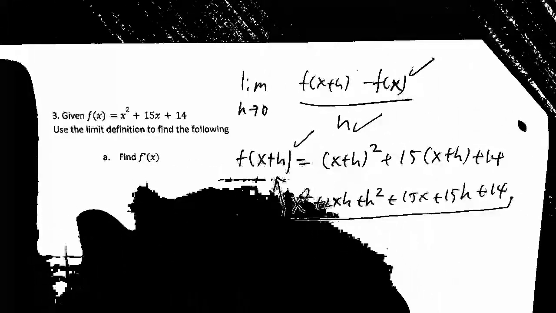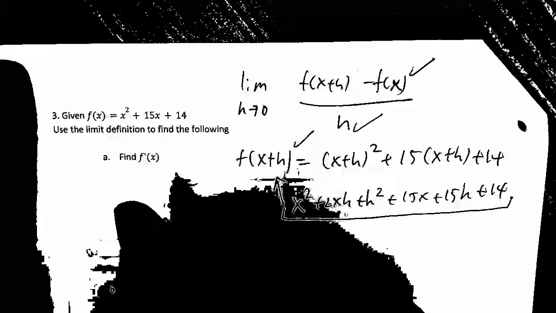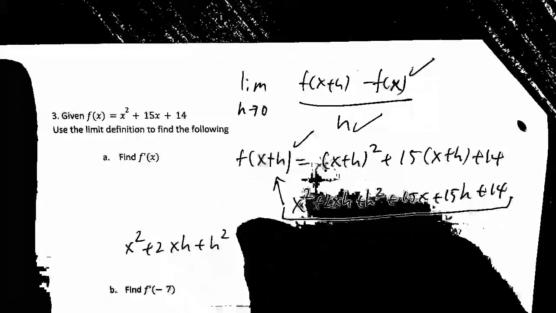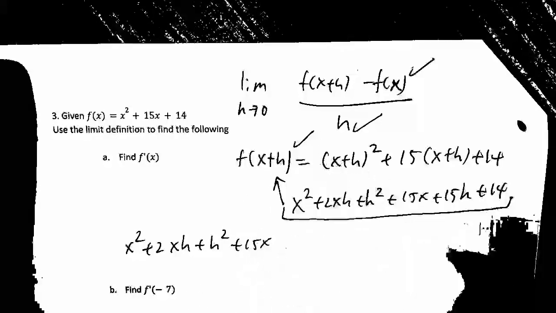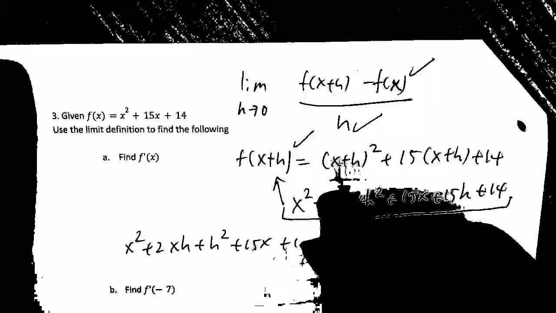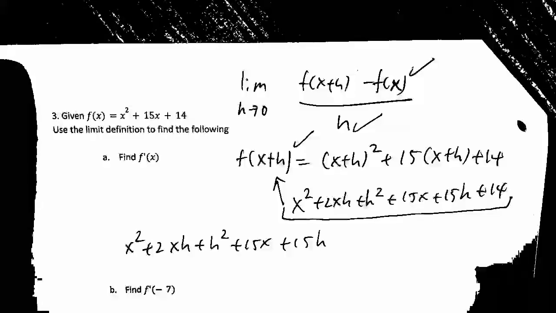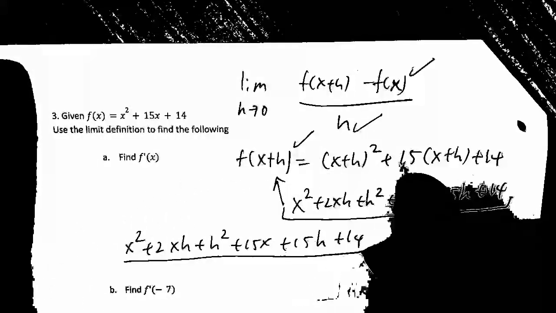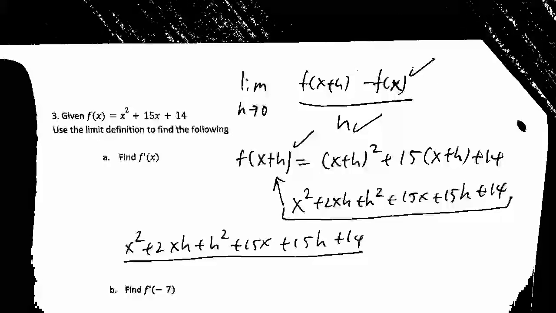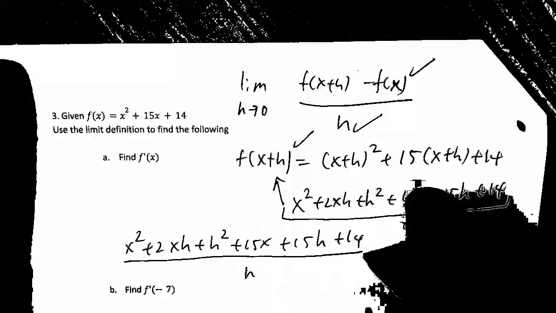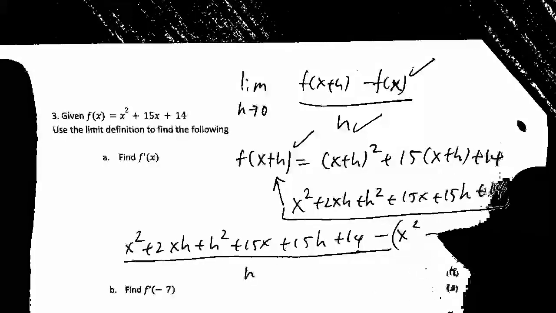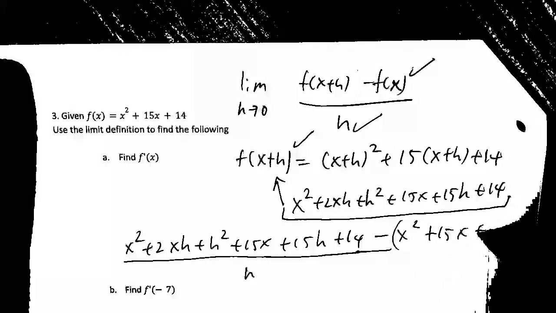We'd have x squared plus 2xh plus h squared plus 15x plus 15h plus 14 all over h, and on top, minus x squared plus 15x plus 14.